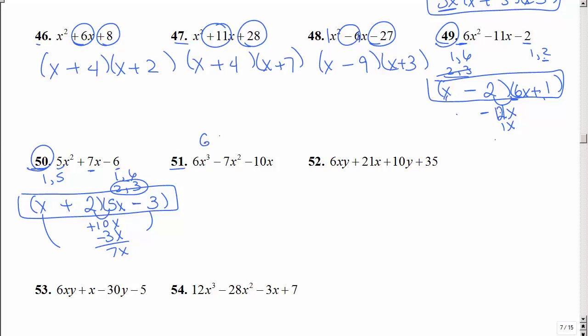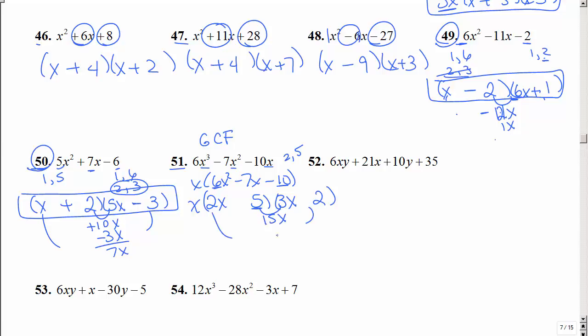On 51, you've got to look for the GCF. They all have an x. Then 51 is kind of like 49 and number 50 in that we've got to try some things for 6 and try some things for 10. I'm going to try 2 and 3 for 6, and I'm going to try 2 times 5. And I know the 2 can't go here. That's 15, that's 4, that doesn't give me 7.